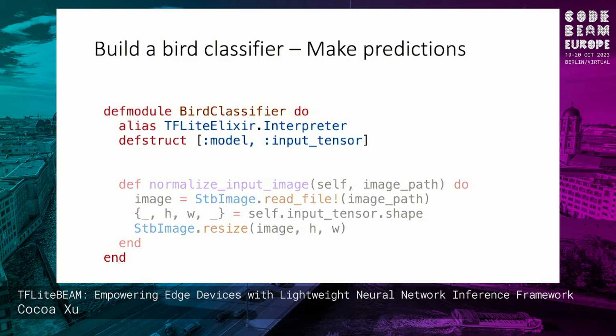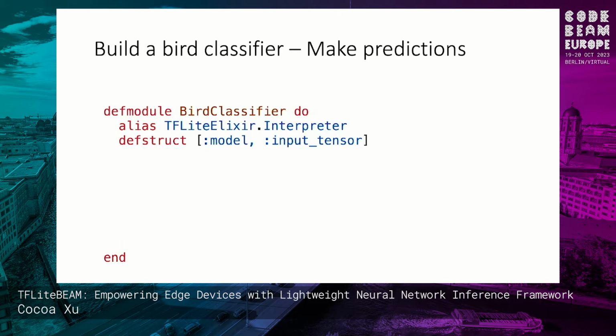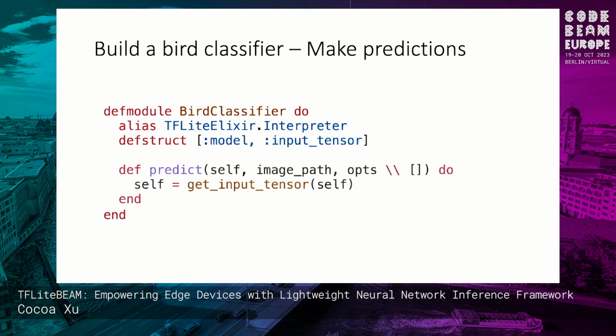For that part, we can define another function called predict. It will receive 3 parameters. The first one is the body classifier, then the image path, and the last one will be some options which we will use for post-process. In this function, I first get the input tensor so that we can normalize the input image.